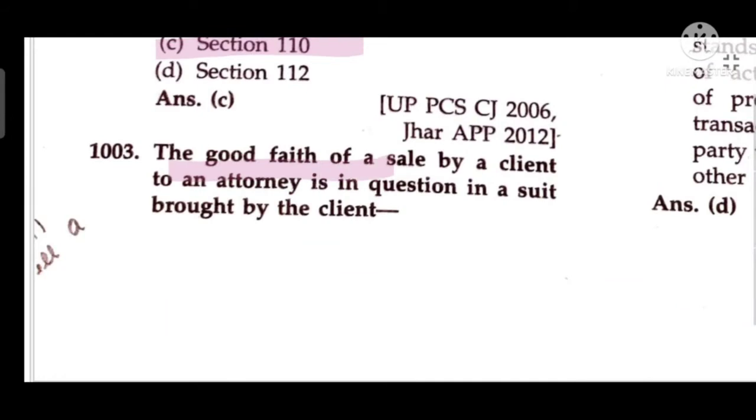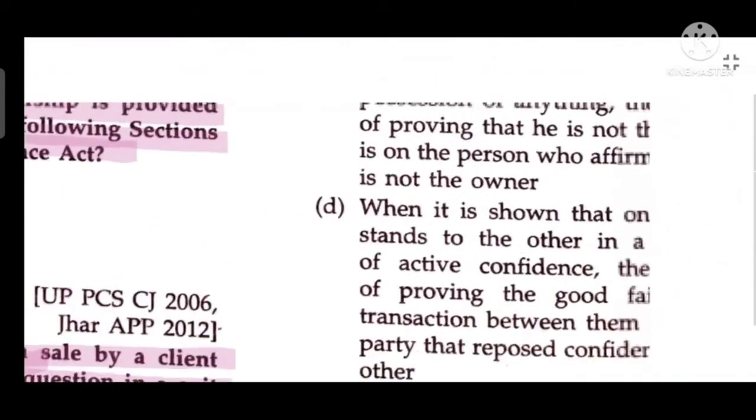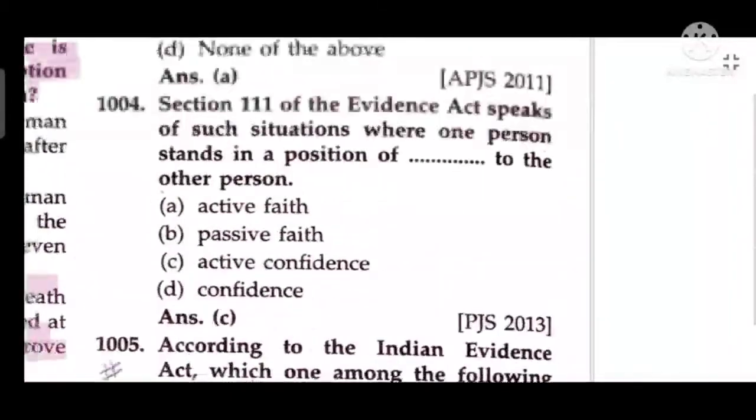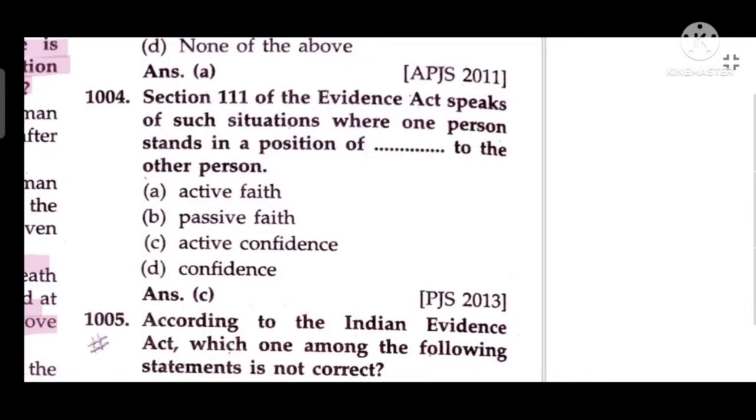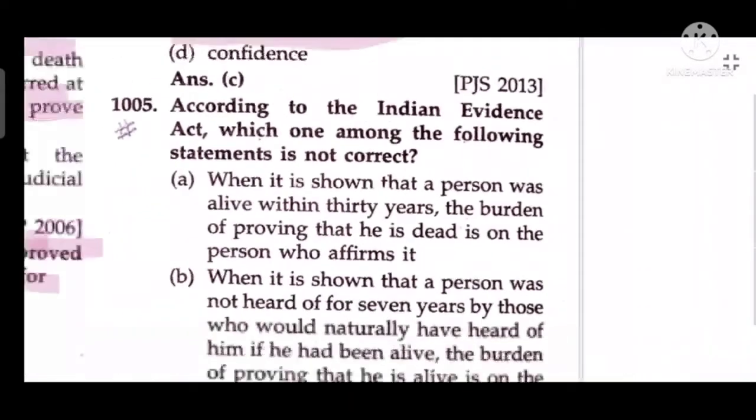The good faith of a sale by a client to an attorney in a question in a suit brought by the client, the burden of proving the good faith of the transaction is on the attorney. Section 111 of the Indian Evidence Act speaks of such a situation where one person stands in the position of active confidence to the other person.